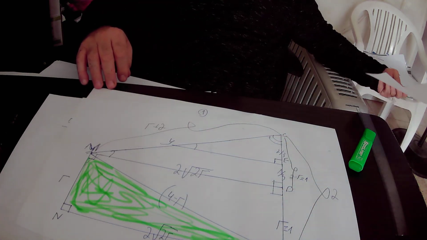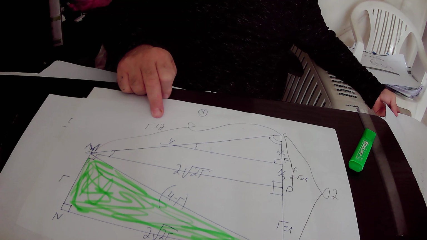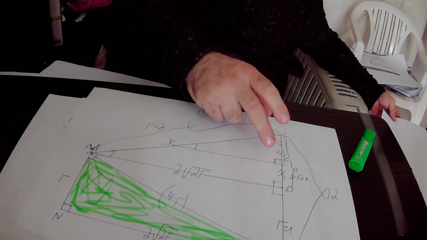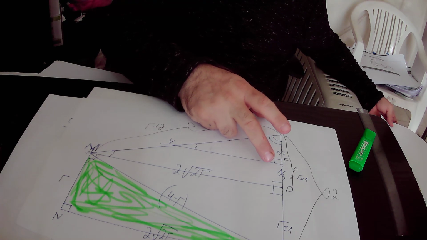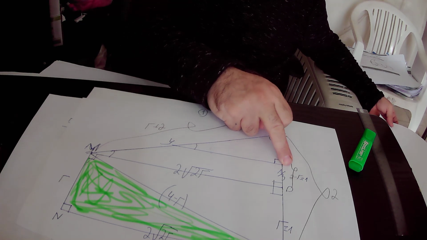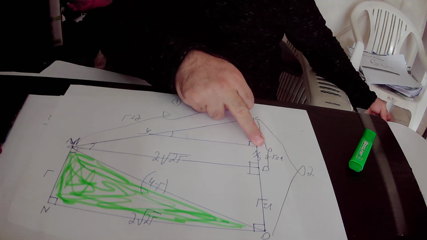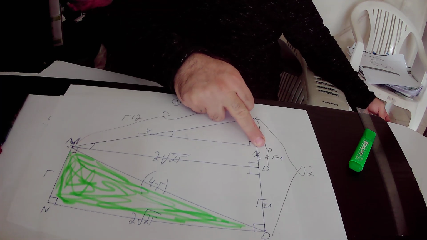But we know that MC equals R plus 2 and CD equals 2 minus R, as you can see from the drawing.